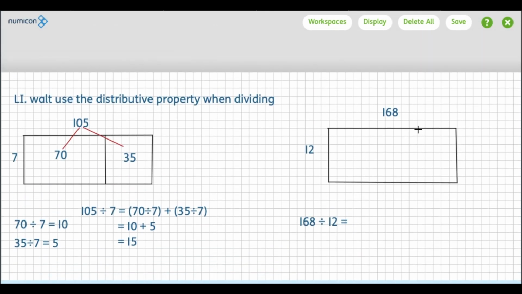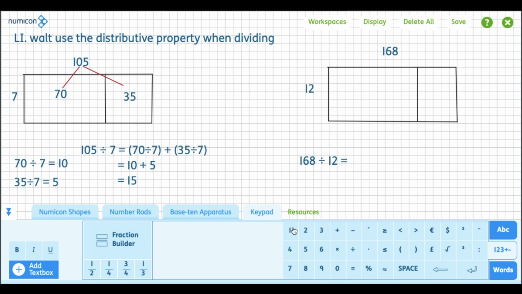So what we'll do is just split this up here. So we're going to have 120 over on this side, all right? And we've split this up into 120 divided by 12, and then we're going to add on whatever's left over.